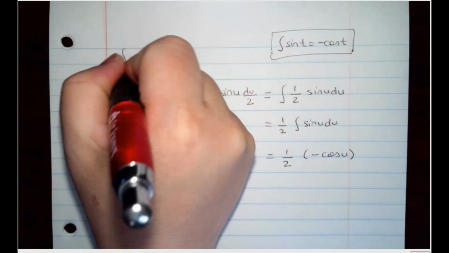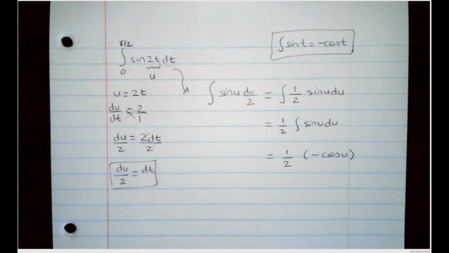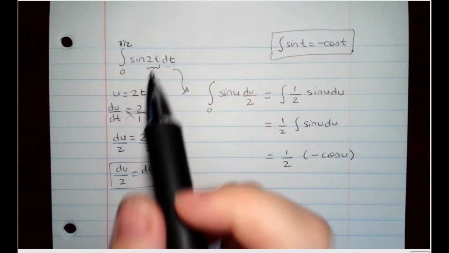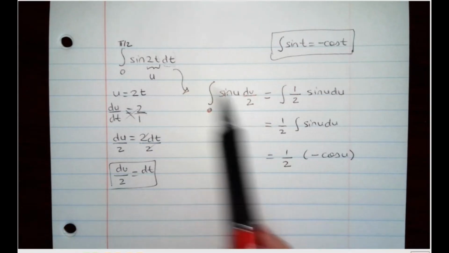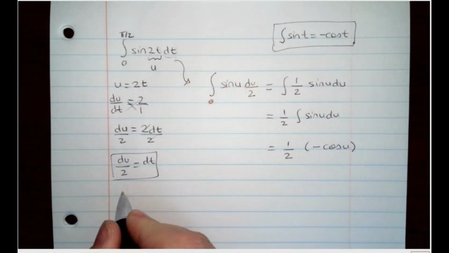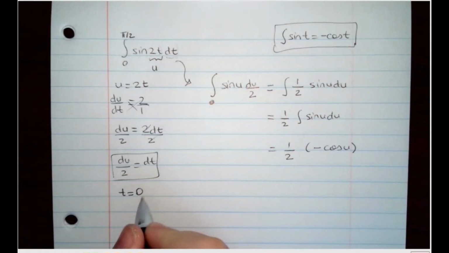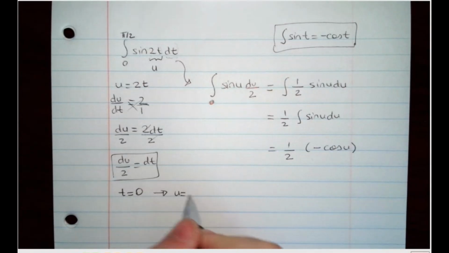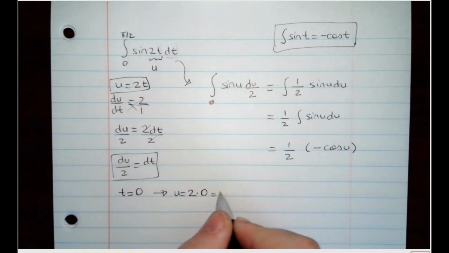In fact, there is one thing we didn't copy in the question. This was a definite integral, so we have the limits of integration, 0 to pi over 2. But when we change to the u variable, we have to rewrite these limits. If t equals 0, what is u going to be? u is 2 times t, which is 2 times 0, that is 0.